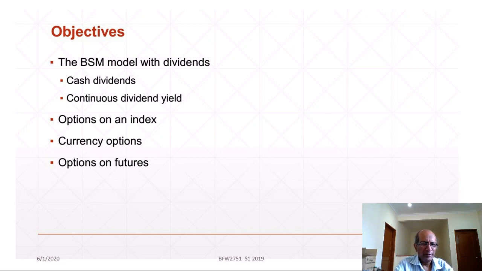If you want to pay, then you're going to buy the foreign currency, so you go for a call option on the foreign currency. But if you're receiving, then you're going to sell that foreign currency, so you go for a put option on the foreign currency. Options on futures are not exactly what we're going to cover here. It's out of our scope, but you can know a little bit about it.